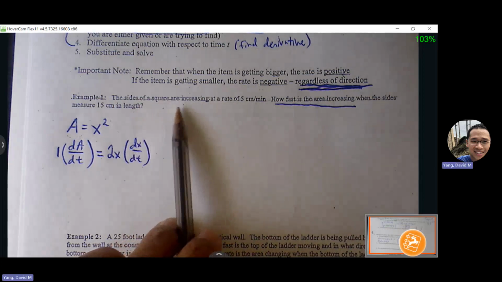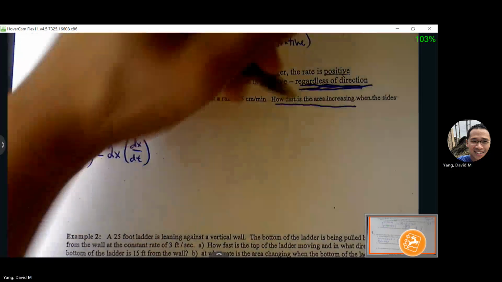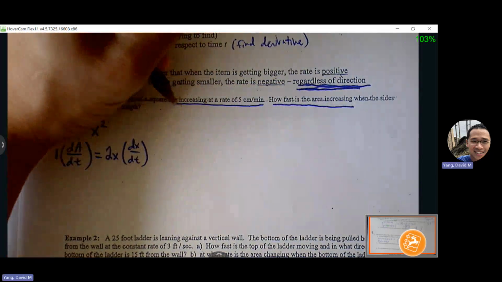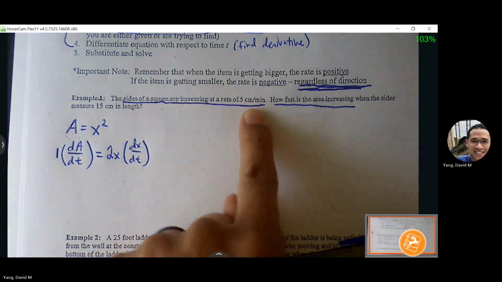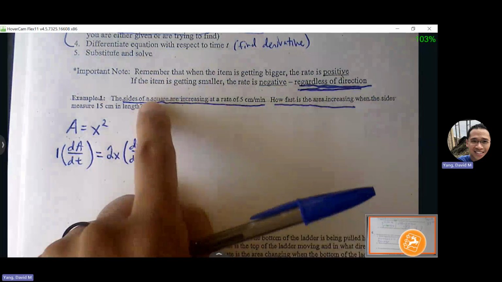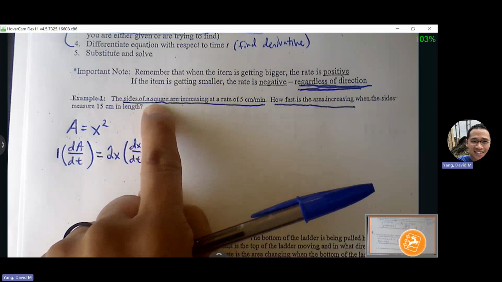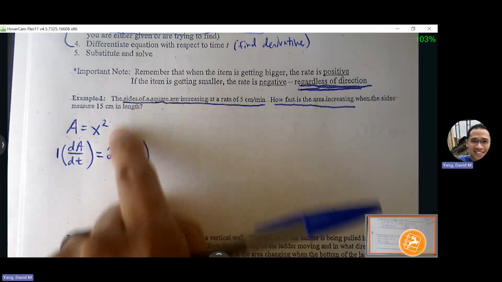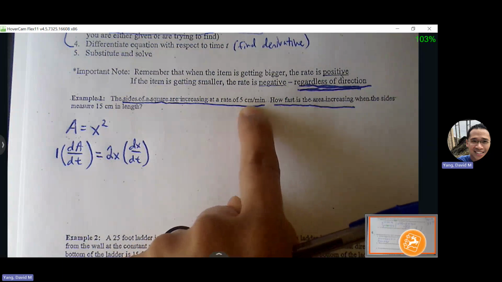Okay, so the sides of a square are increasing at a rate of 5 centimeters per minute. Now, what variable do you think is going to hold this information? Derivative. Size of a square. What variable do we use to hold the size of a square? x, right? But it's not just x. It's a rate.